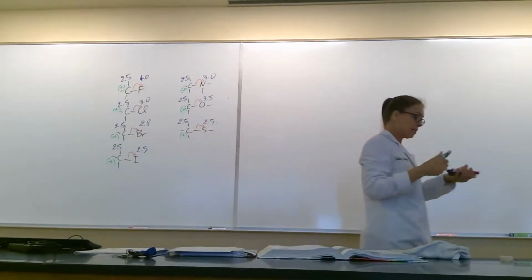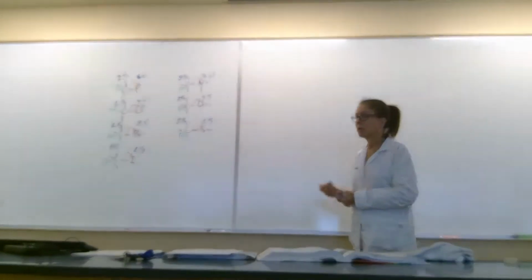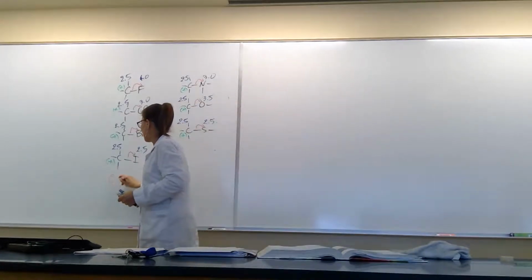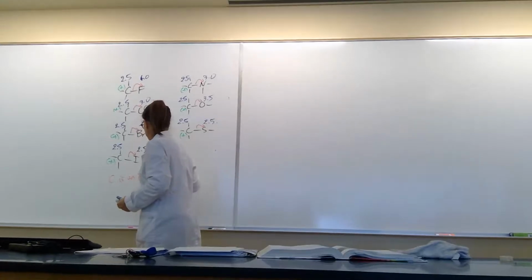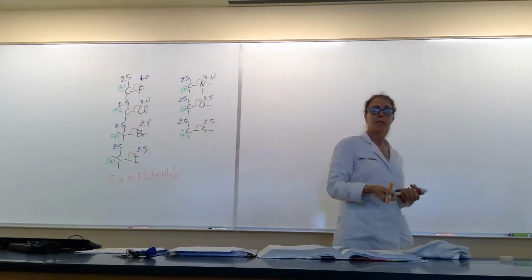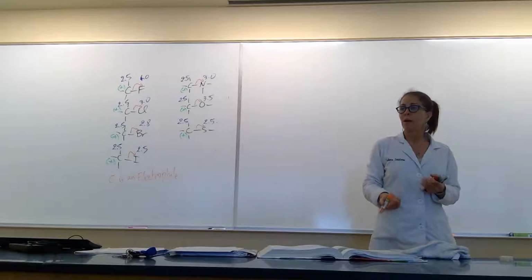So in all of this, the carbon is a what? Electrophile. So C is electrophile. If you want, in synthesis, a carbon that's positive, you use any one of these. But what if I want a carbon that's negative?